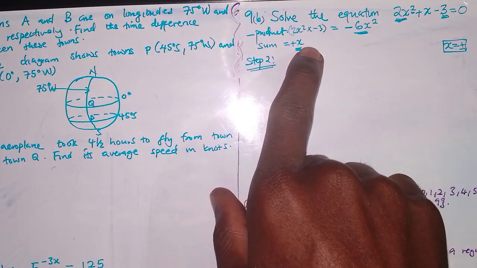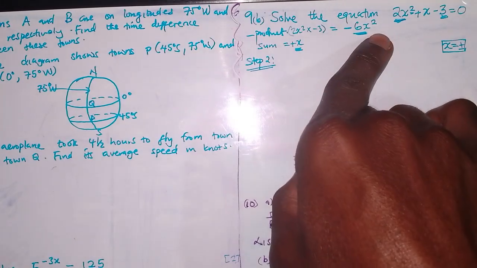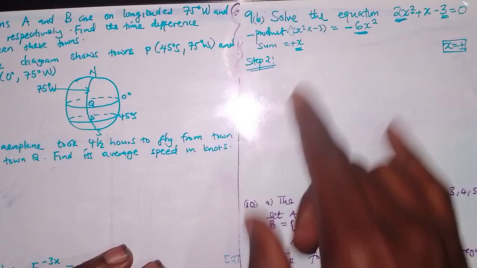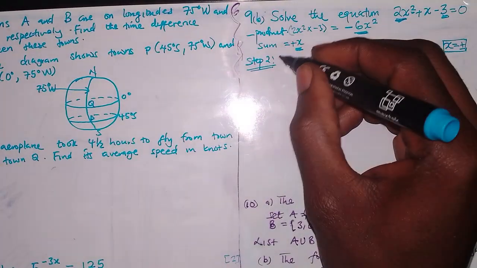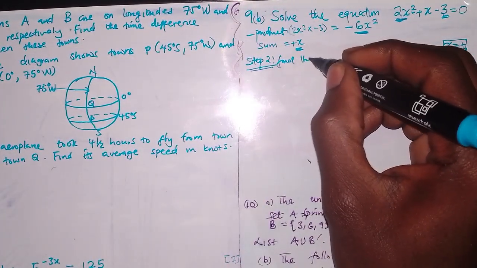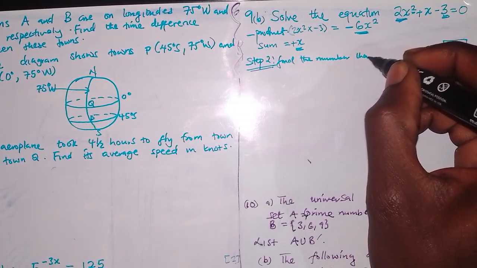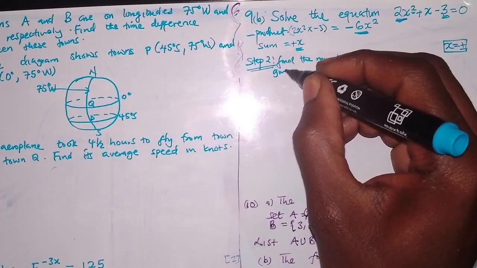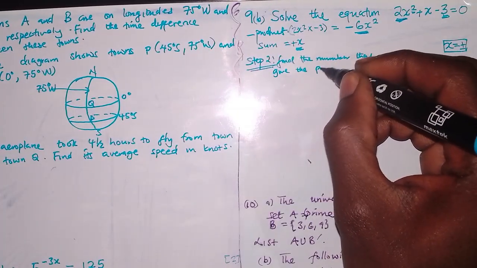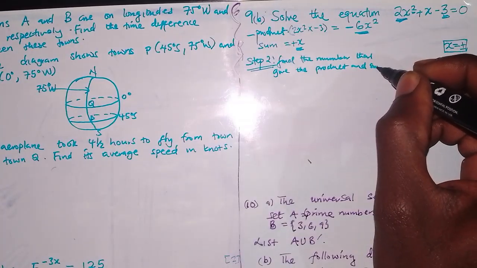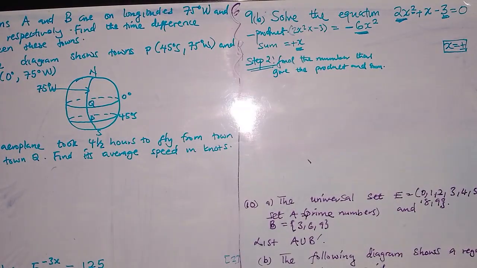So find the numbers that give the product and the sum. What numbers can give us the product and sum?